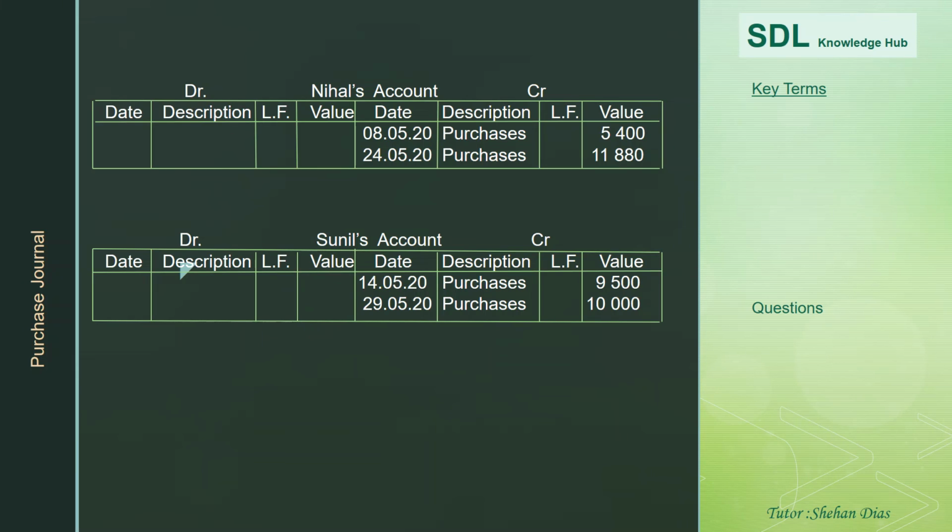We will also put the date of the transaction. Sunil's account will be credited for two transactions of 9,500 and 10,000. Thereby we have posted all the transactions from the prime entry book to the ledger accounts.